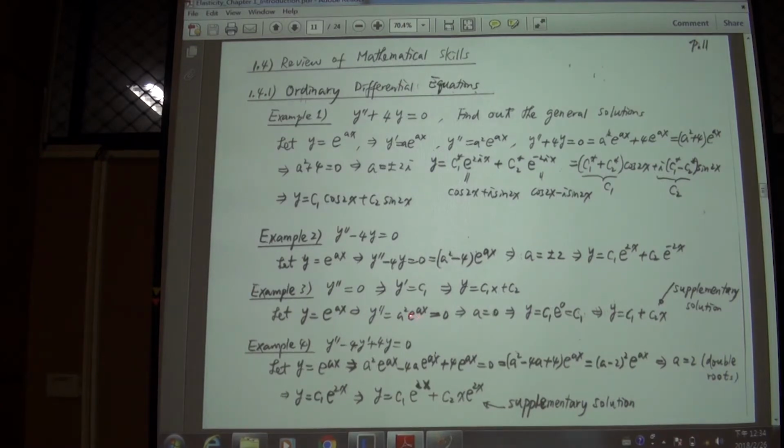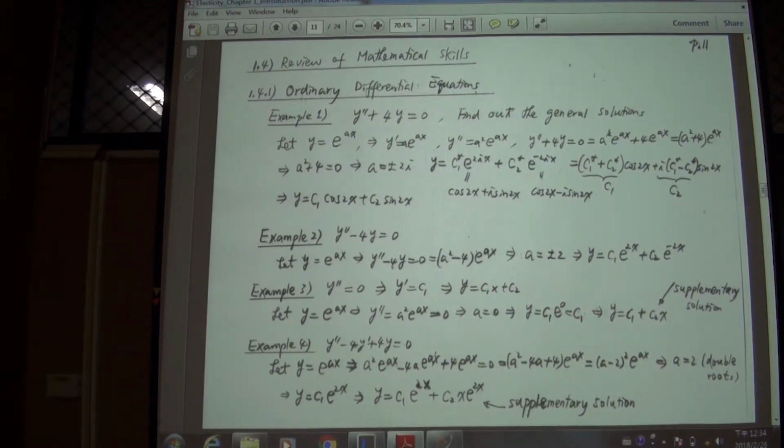In this way we know that a must equal 0, because the exponential does not equal 0. So a equals 0, and exponential ax means exponential 0. So y equals exponential 0, and we have one solution, y equals c1 exponential 0, which equals c1.